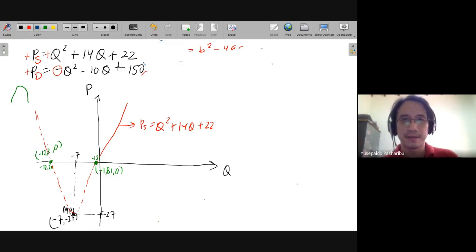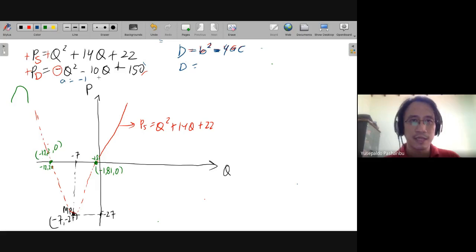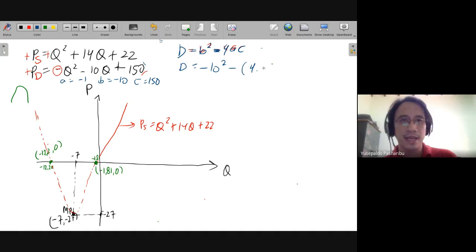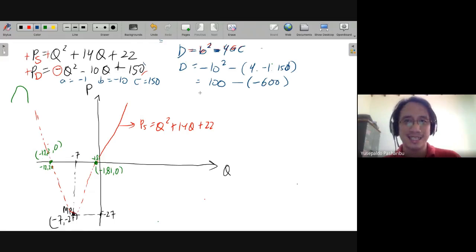Use blue color. D equals B squared minus 4 times A times C. A equals minus 1, B equals minus 10, and C equals 150. So D equals minus 10 squared minus 4 times minus 1 times 150, which is 100 minus 4 times minus 150, so 100 plus 600, 700.